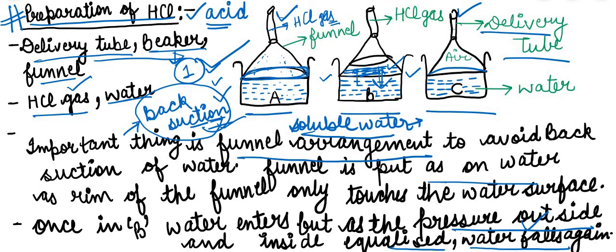The pressure of the air becomes balanced in the funnel as well as in the water, and here we get a wide surface area for the gas to contact the water molecules.